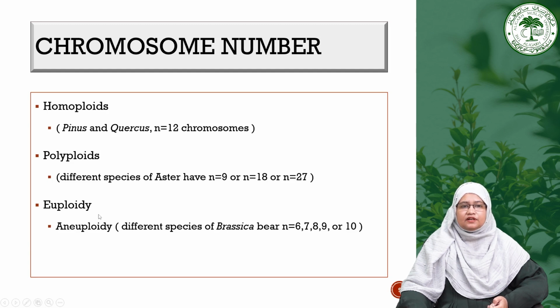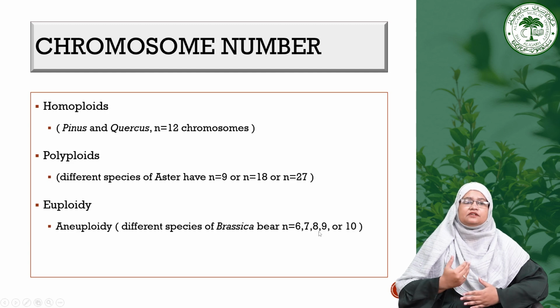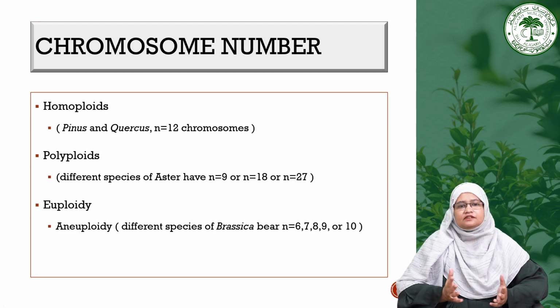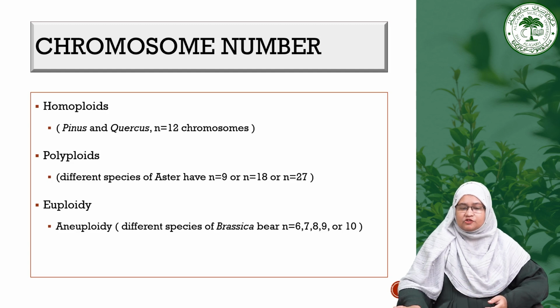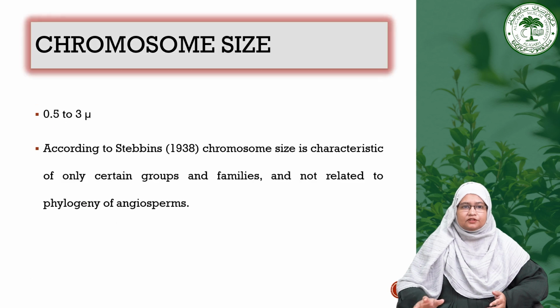Then, in euploidy, the different species of Brassica have 6, 7, 8, 9 or 10. That is aneuploidy, where there is an addition or deletion in the number of chromosomes. So polyploidy has multiples, and here the number of chromosomes is increasing by just 1. So there are some common trends we can see here in different groups of chromosome ploidy.